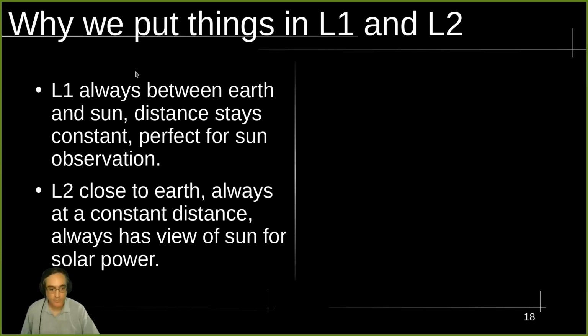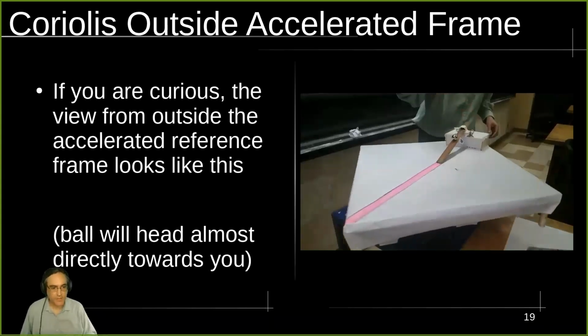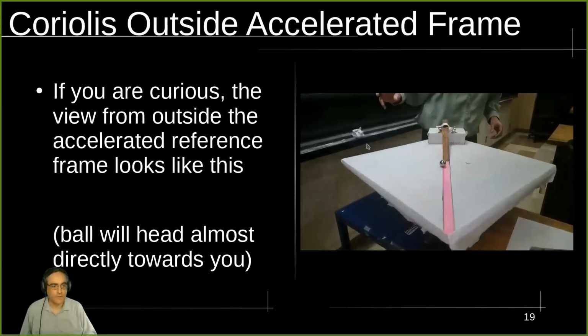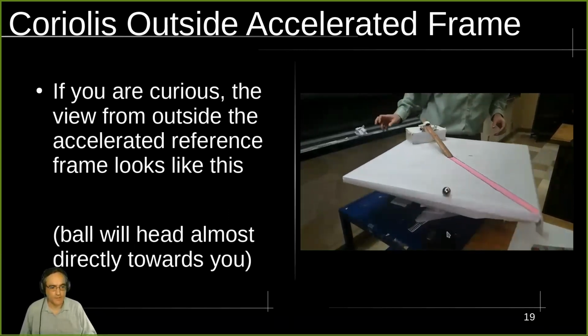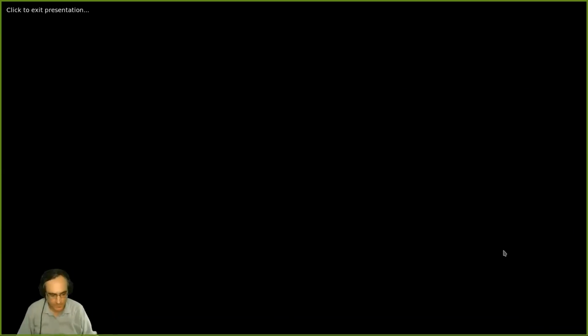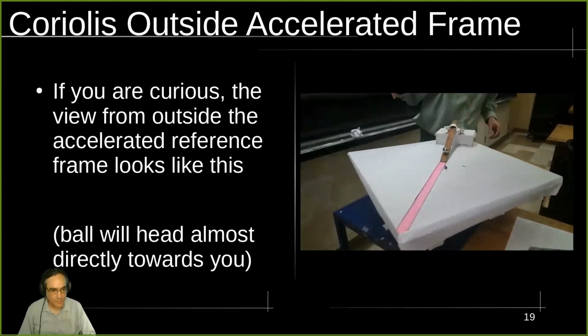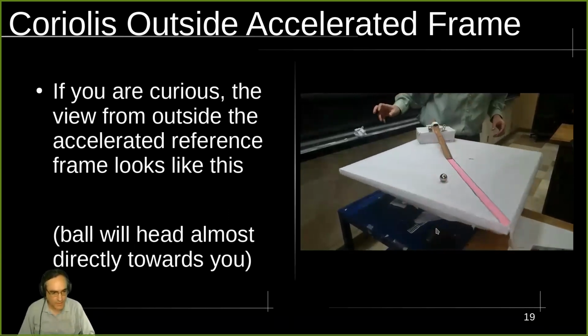So let's see, the view from outside. This is showing the stationary view with the rotating reference frame, and the ball is functionally coming straight at us the whole time. But you can see the reference frame rotates underneath it. Right at the moment when it leaves, it's headed more or less this way.